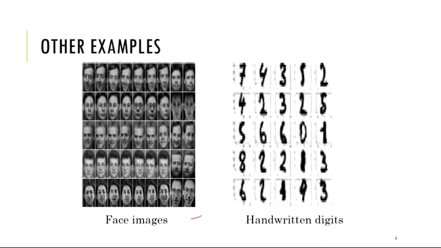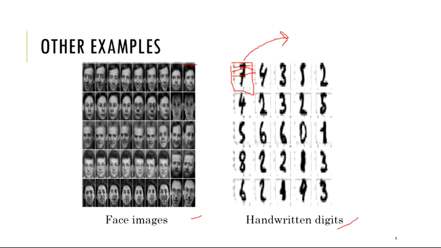Here is another example. You've got face images or you've got handwritten digits. If I was to consider this image, let's say 7, as a raw image, it would have many rows and many columns, and these rows and columns would have 1 and 0 information. So I couldn't just use them as is. What I do is I extract features, and based on those features, I classify these handwritten digits into separate characters.